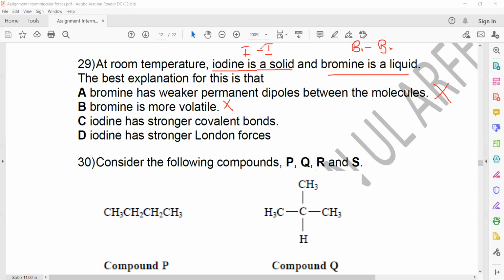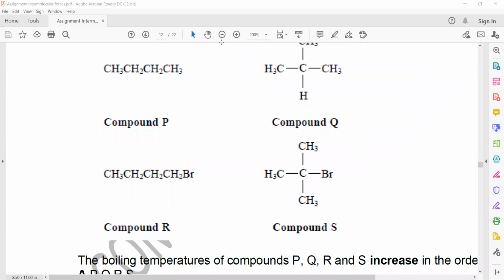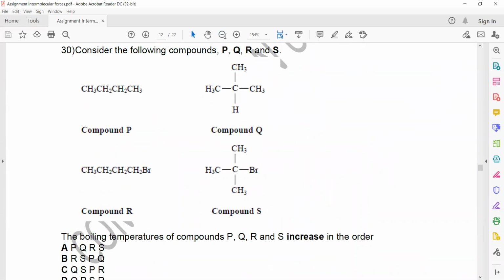Both have, iodine is larger in size, so the melting and boiling temperature does not depend on the covalent bond. It depends on intermolecular forces, which are dipole-dipole, dipole-induced dipole, or hydrogen bond. So because iodine is having stronger London forces, that's why it is solid at room temperature as compared to bromine, which is liquid.